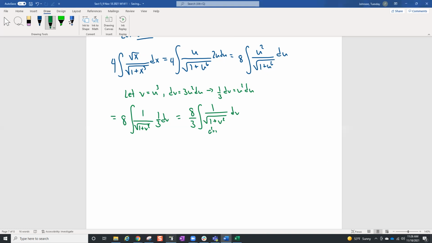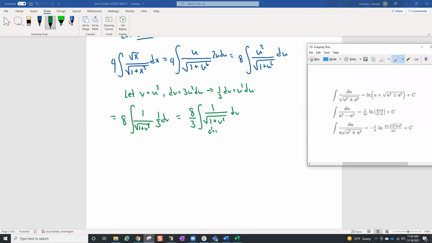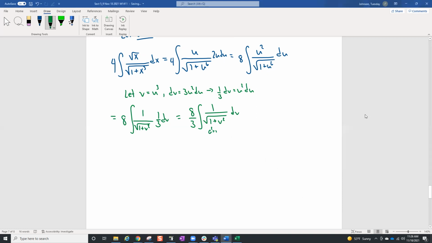So the antiderivative here is the natural log of the variable plus the square root of that inside. So this is 8/3 times the natural log of, in absolute values, the variable plus the square root of 1 plus v squared, plus c.